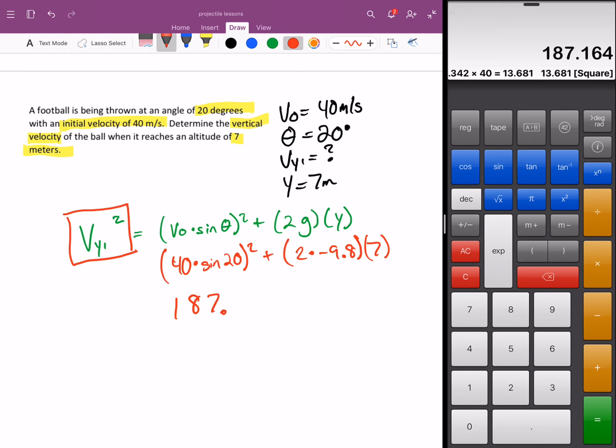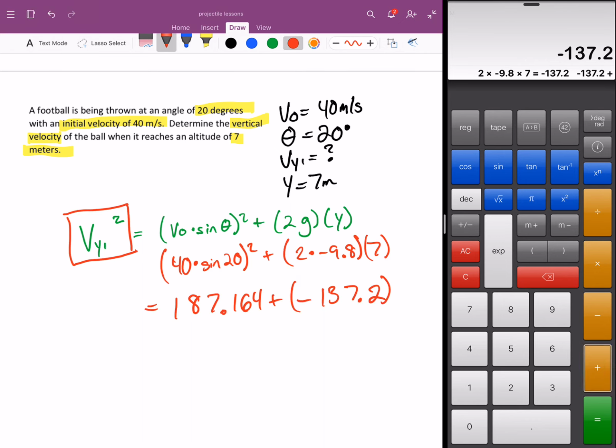187.164 plus 2 times negative 9.8 times 7, negative 137.2.